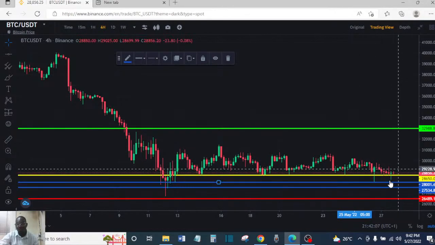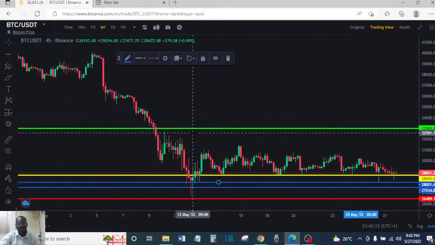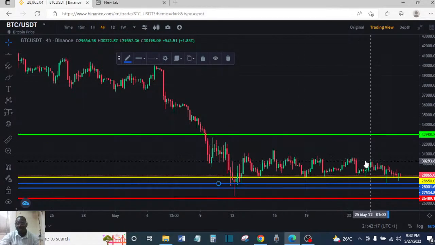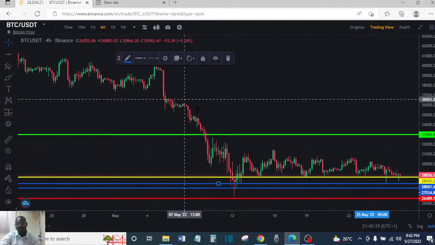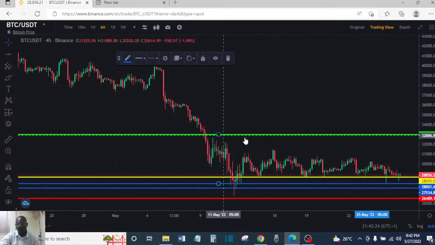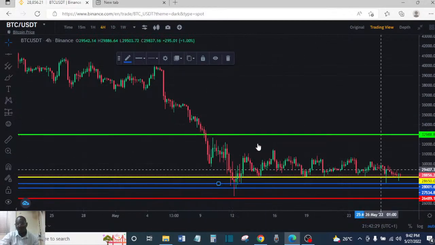So we will expect price to clear out these stops, but for now, for those that decide to invest for the short term, there is high probability that we are likely to take these stops out in a matter of days, okay, in a matter of days.